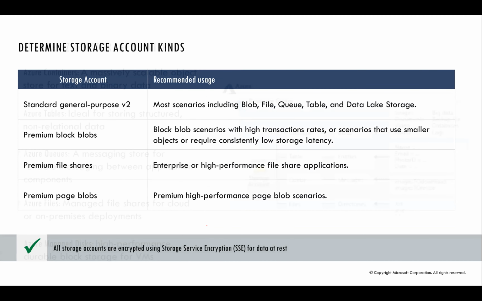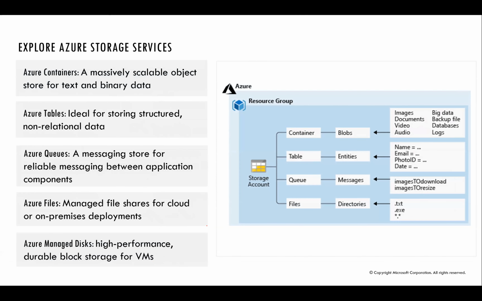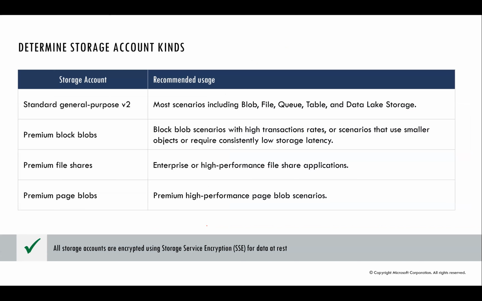Now, when you are creating storage in Azure, your starting point is creating a storage account. A storage account is a resource that storage services are tied to. So you have a storage account from which you now begin to define what type of storage service you have.